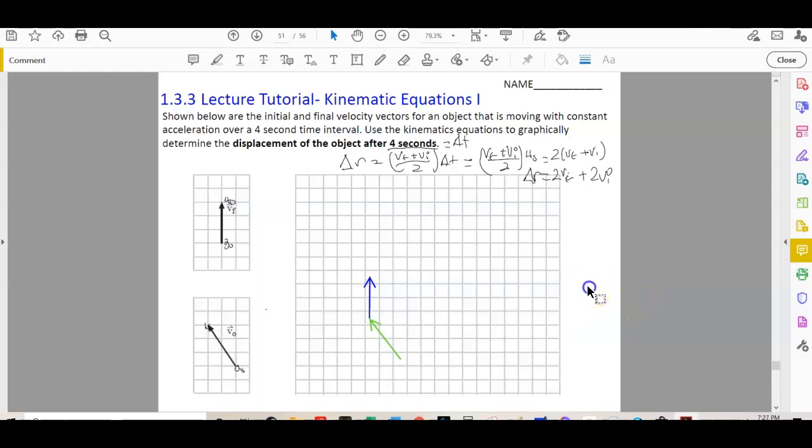Okay, so we have our initial velocity vector and we have our final velocity vector. So what we have to do is double this, right? We have to take our initial velocity vector and double it. So now this is 2 times the initial velocity vector. And then we're going to have to take the final velocity vector and double it.